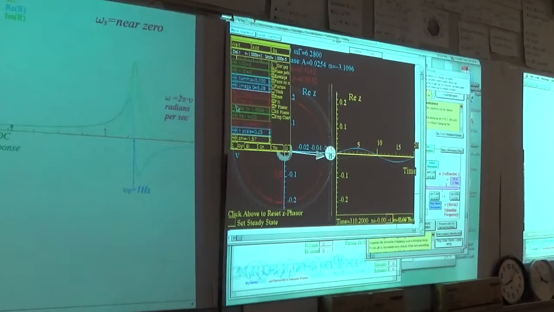Let's try negative 5. And then add something with a low power.